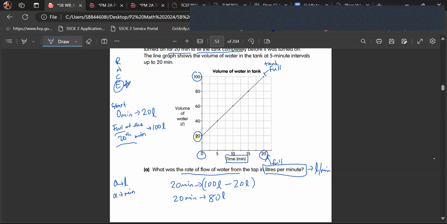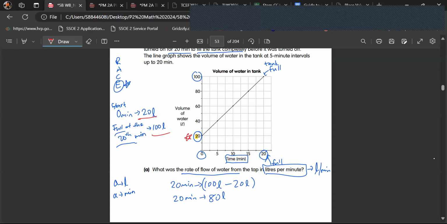So you need to pay very important attention to this part here. Right at the start, it is mentioned in the question, the tank is not empty. It started out with some water inside already. The 20 minutes when the tap is on, it didn't fill up 100 liters.